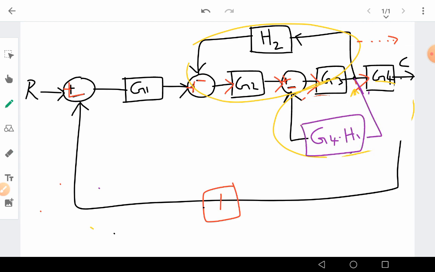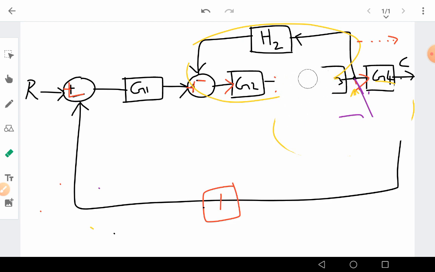Now I can use the closed loop formula, the negative feedback formula. This G3 is in the forward path, and G4 H1 is in the reverse path. So net, I can simplify the whole thing into a simple thing.